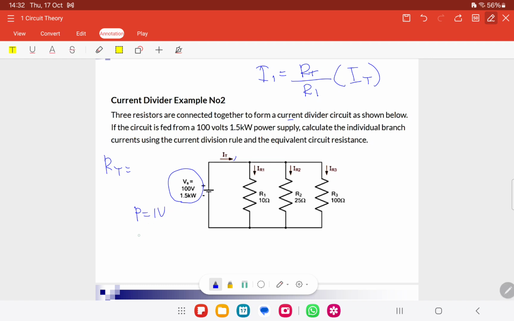Okay, tapi untuk cari I guna power pun boleh, ataupun V equals to IR pun boleh. Okay, what is the value for R total? What is value for I total? Get me the value.